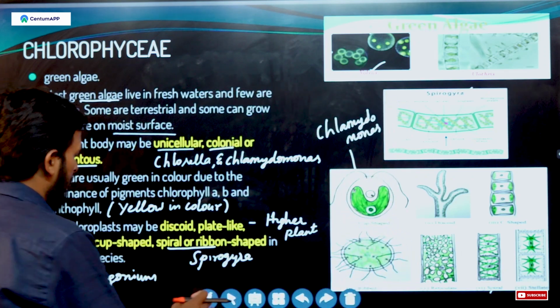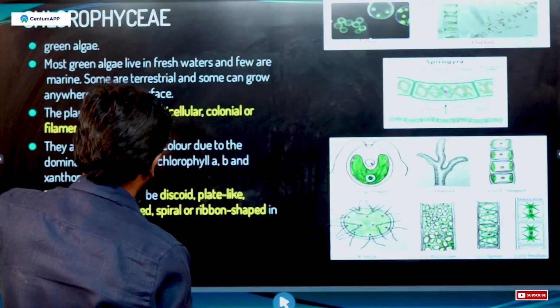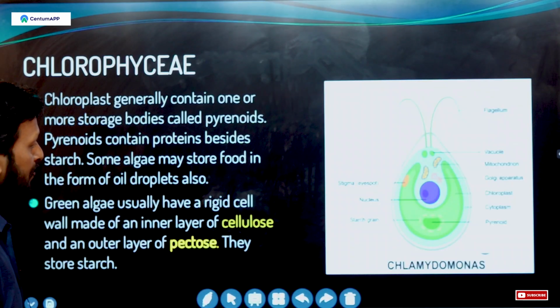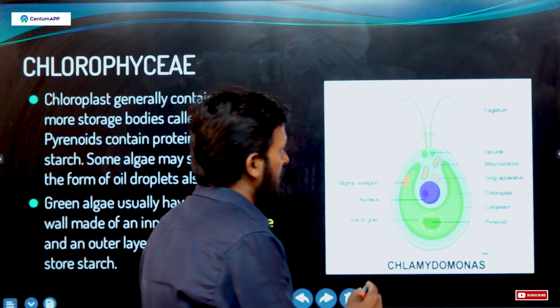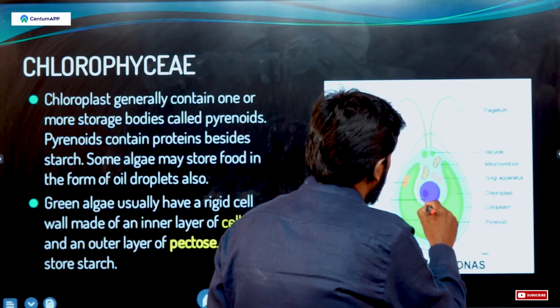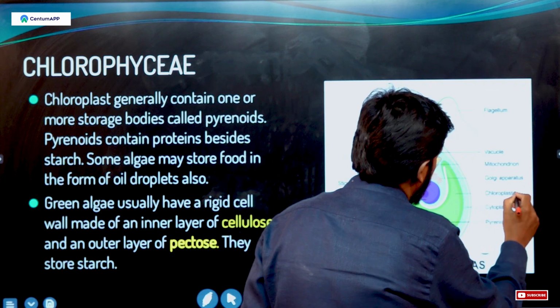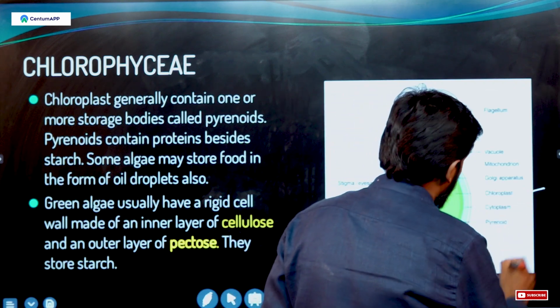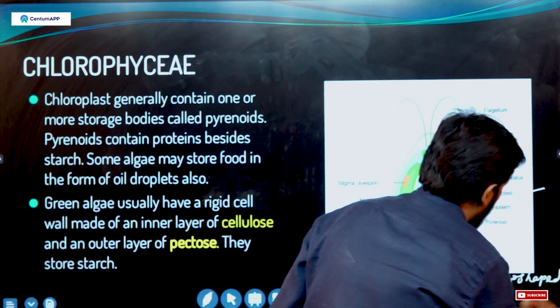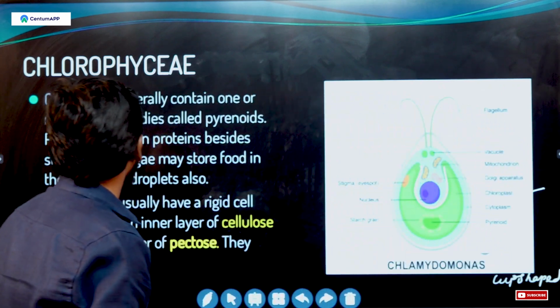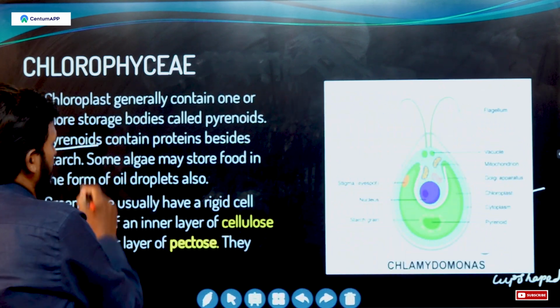Next one. In Chlamydomonas, the chloroplast is cup-shaped. Most food is stored in pyrenoids.